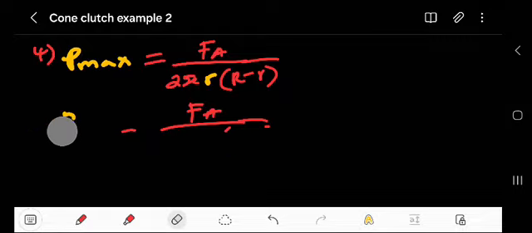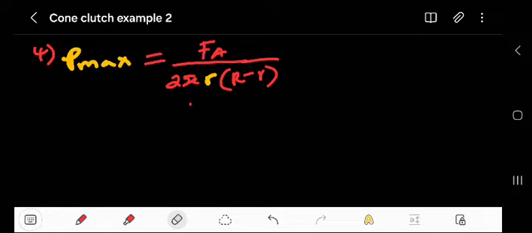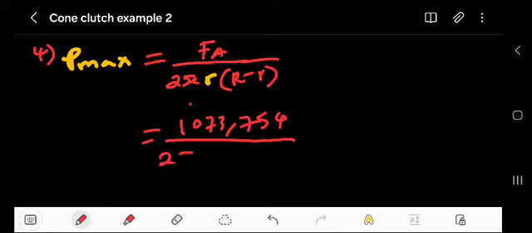So we have asked for maximum, not min. Here is the maximum. The axial, we've calculated it, remember, it was the one that you've got, 1073,754. 2 pi, our r was 0,162.